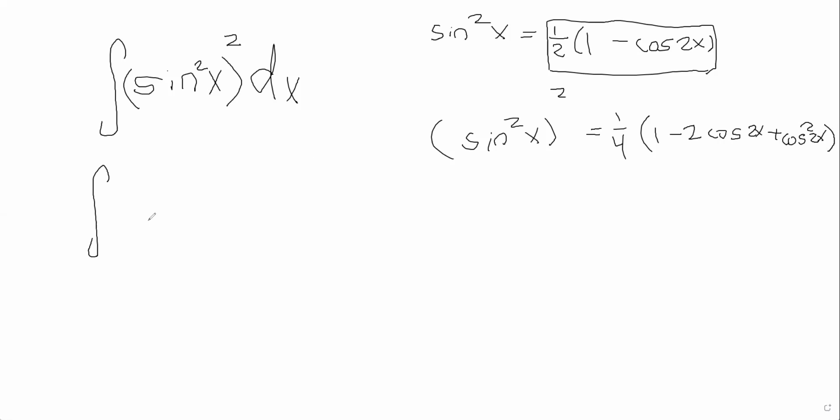And we can move the 1/4 to the outside of the integral. So we're going to have 1/4 times the integral of 1 minus 2 times cosine of 2x plus cosine squared of 2x dx. And this part right here is a little tricky, the cosine squared of 2x.